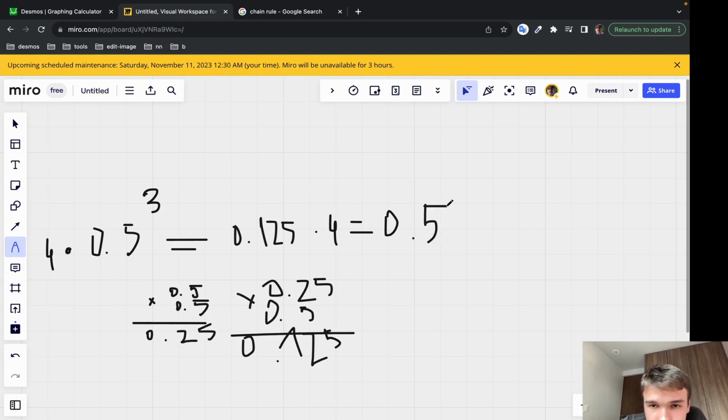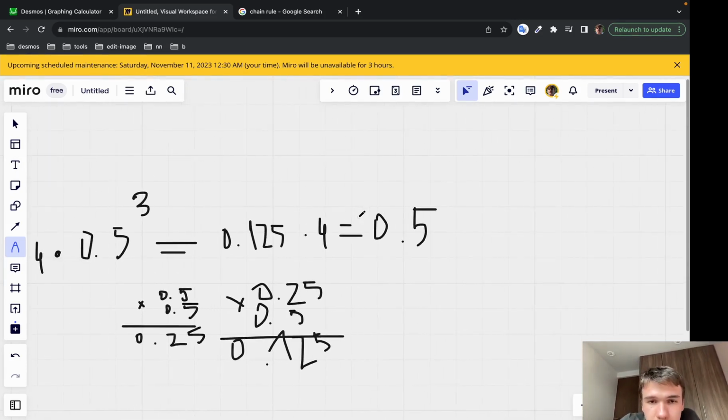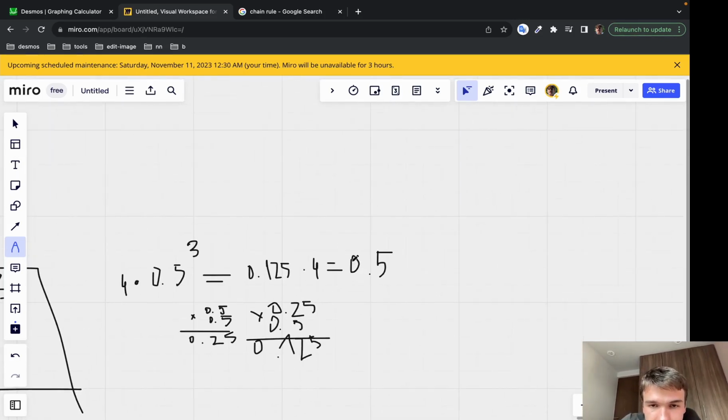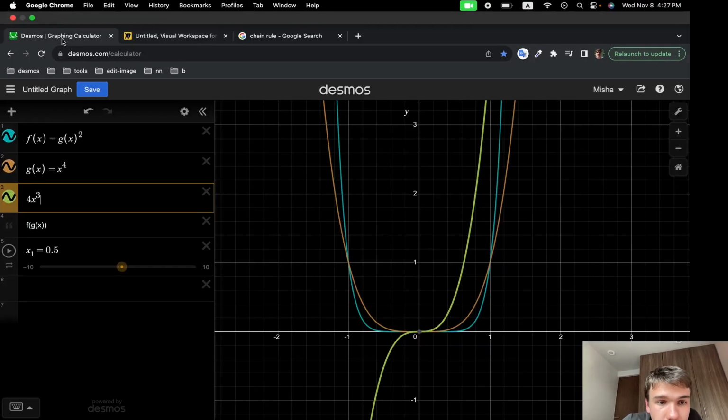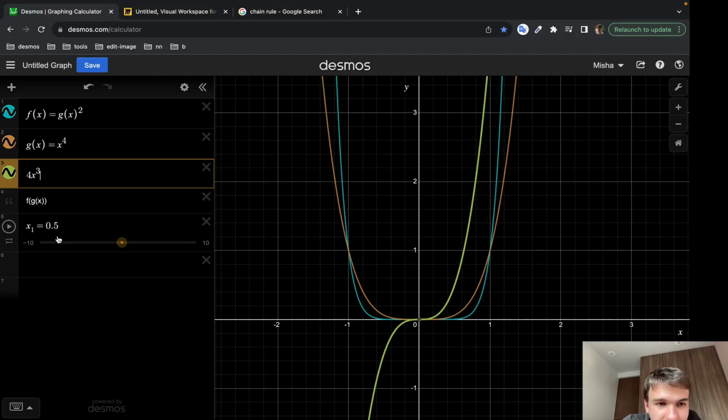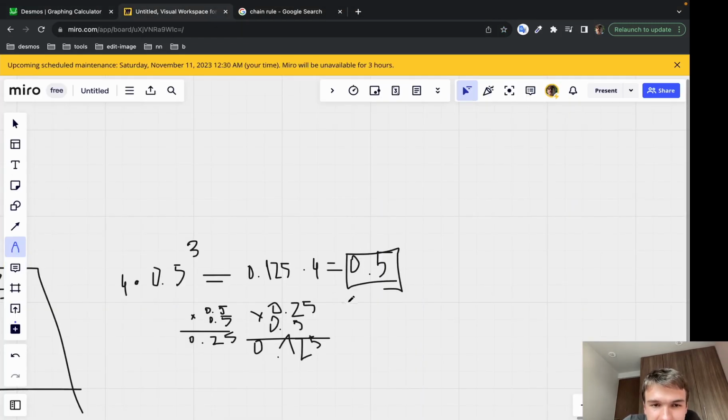So we get 0.5, okay. This is cool. So our derivative for 0.5 is 0.5. This is silly, I know, but this is what we got. So for our point 0.5, the derivative of this is 0.5.